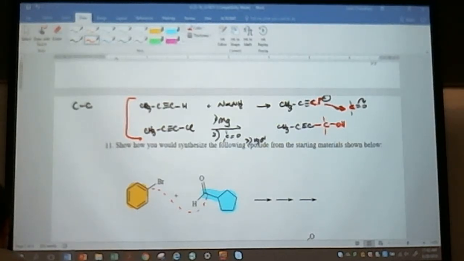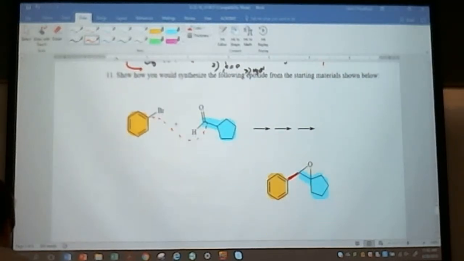Now, once I connect this carbon to this carbon, then I'm going to need to massage things to end up with this epoxide. But let's start with that connection.